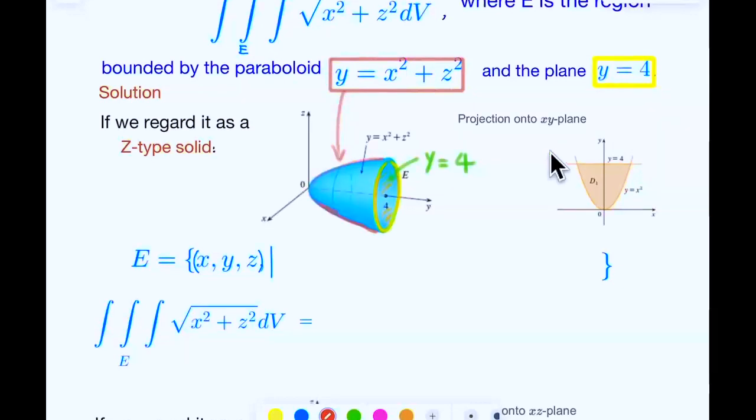Okay, so we can regard this as a z-type solid. So if I regard this as a z-type solid, how do you think about it?